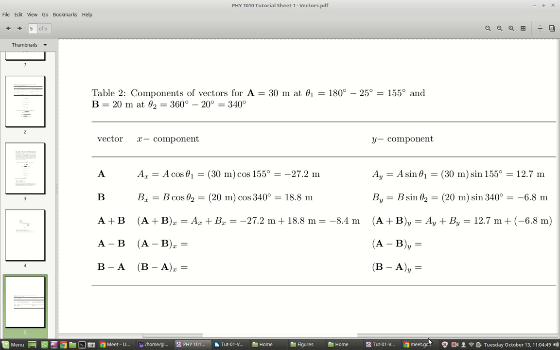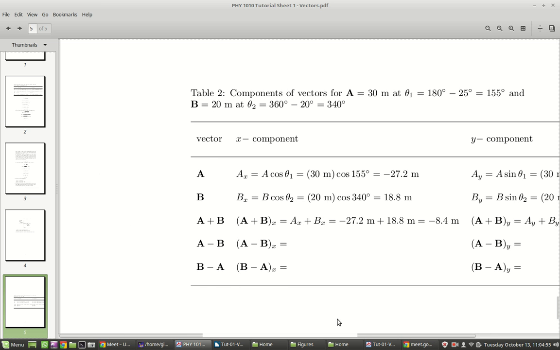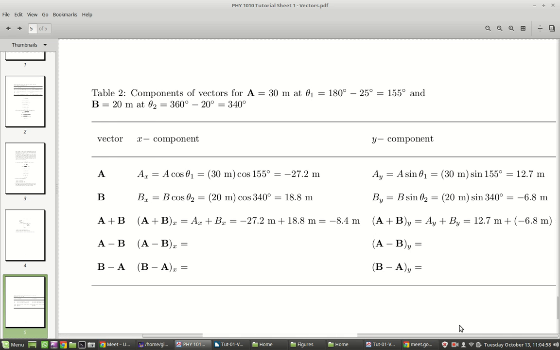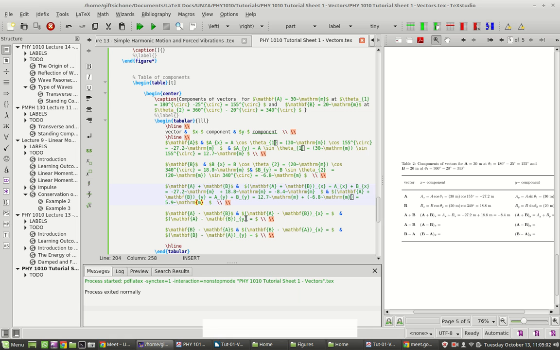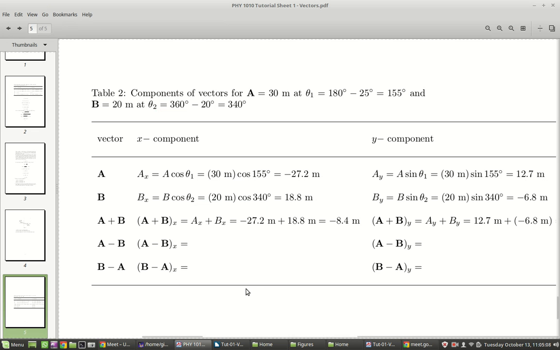Where have I written that? I'm not seeing something.